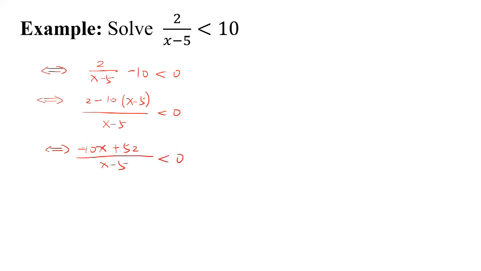And as you can see here, a ratio that is less than 0, this is equivalent to the numerator and denominator must have different signs in front of them, right? So you can either have minus 10x plus 52 less than 0, and at the same time, x minus 5 greater than 0.